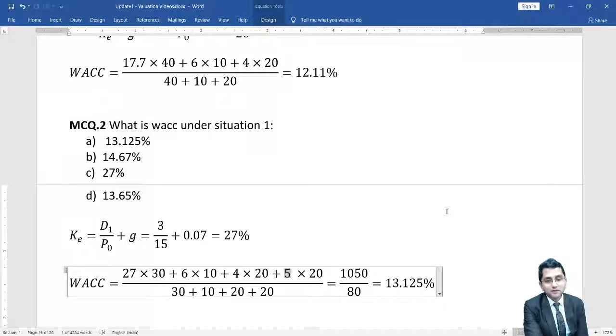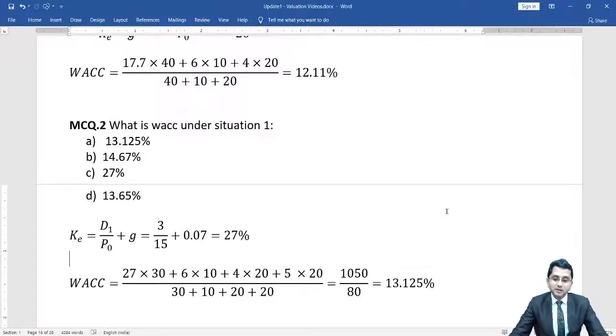So cost of debt for extra fund is 5%. This cost of new fund raised is called marginal cost. So marginal cost of capital is 5%, while WACC after raising new debt is 13.125%. So answer here is actually A.